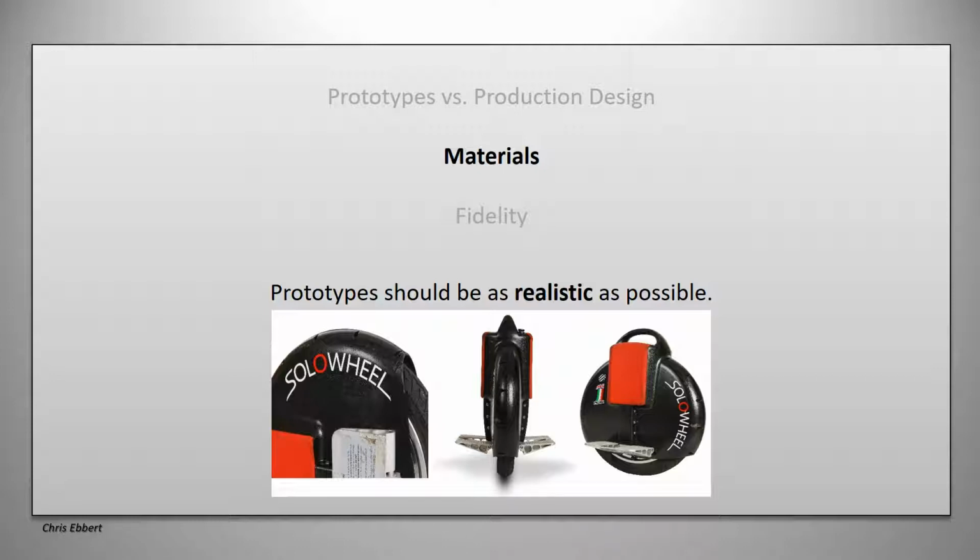This is the prototype of it, and the real solo wheel is injection molded. But you wouldn't want to make an injection molded prototype simply because of the tooling costs. So the prototype of the solo wheel might have been fiberglass, a material that pretty much behaves like injection molded plastic once it's ready, but it goes through an entirely different process in making it, and it is far more suitable to making one-offs.